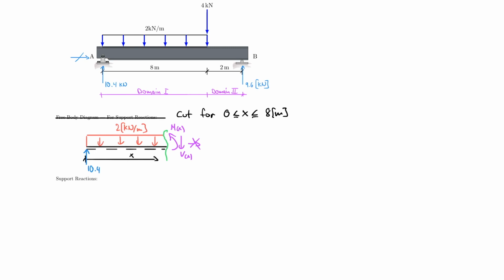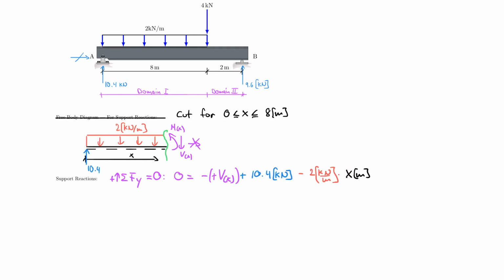So let's go ahead and calculate our moment and shear force. Of course, I'm going to start with my shear force. The sum of the forces in y is equal to 0, upwards positive. 0 is equal to minus, positive defined, V of x, plus 10.4 kilonewton, minus 2 kilonewton per meter multiplied by x meters.